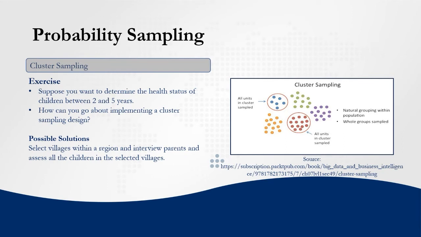So one solution would be to select villages within a region. If I know that in this village I have different attributes, and what I find in this village, I will find in the next village, then I can select maybe 2 villages, depending on the size of the villages and what my sample size is.